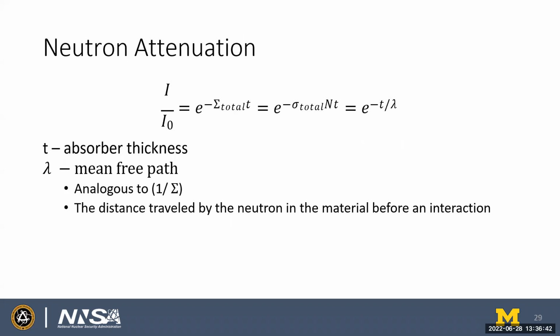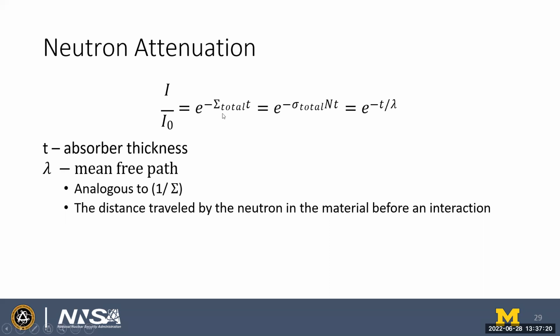We can apply this in different scenarios like neutron attenuation. We can also apply it for those reactions we talked about earlier to get reaction rates, but we'll go through an example here on neutron attenuation. If I have some sort of beam, we talked about the DT fusion generators earlier that cause a beam of neutrons. We can attenuate that with material. What you're seeing here is the incident neutron beam intensity, I-naught, on the bottom, and the resultant neutron beam intensity, I, on the top.